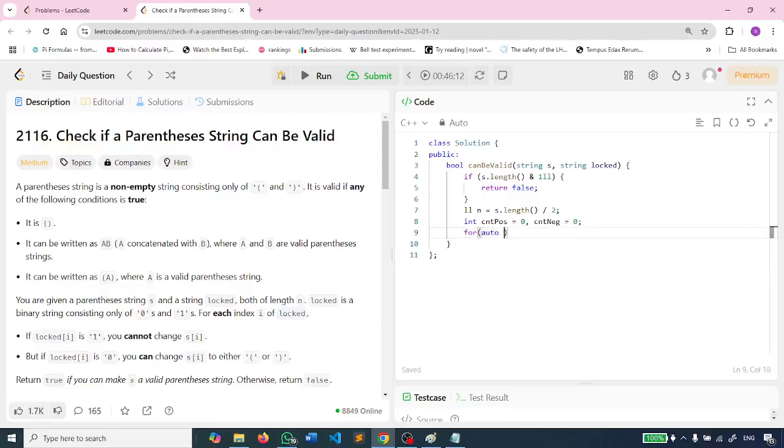For auto when I'm in string s, s of i equal to this.